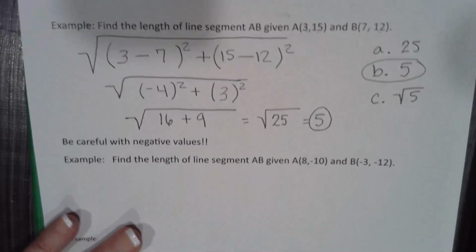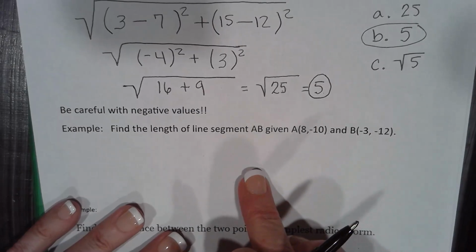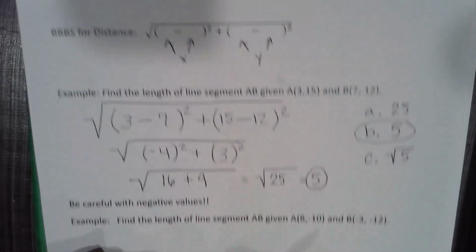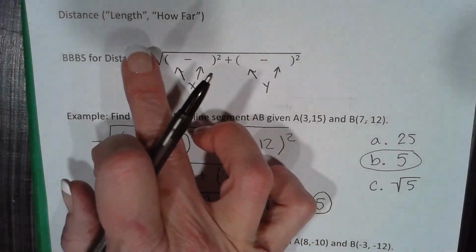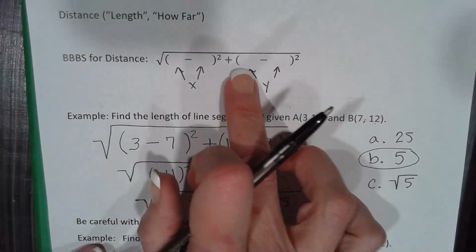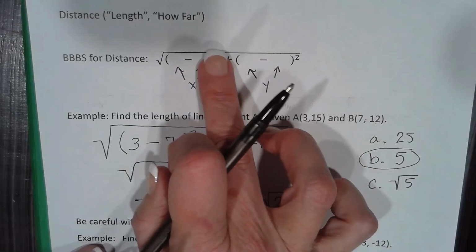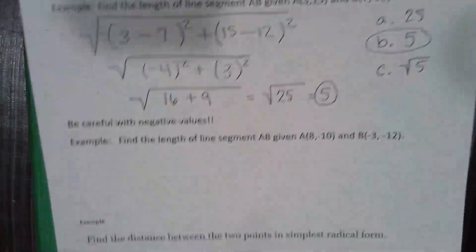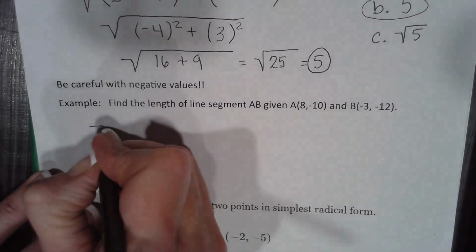Now, we're going to do one with negative values. So I'm going to pause for a minute and let you write your structure down. Big square root symbol, parentheses, 2 sets with a plus sign, and then minus signs, and then squares on your parentheses. All right, here we go.